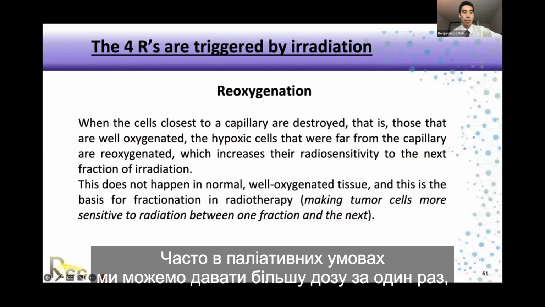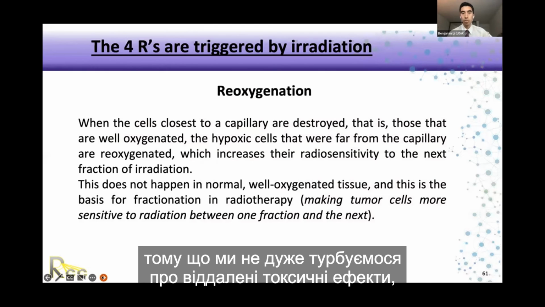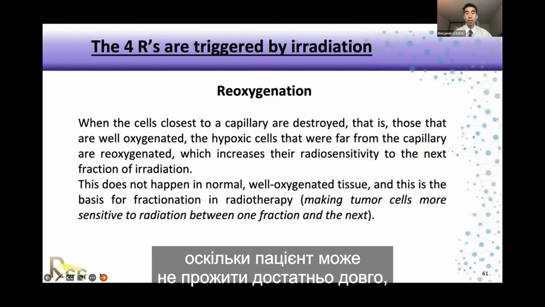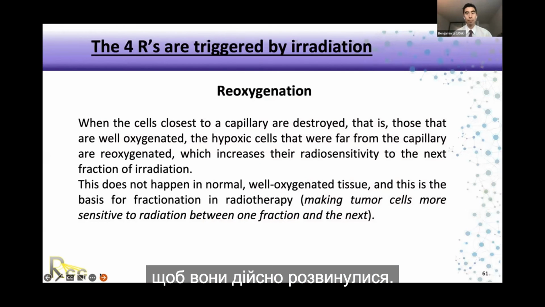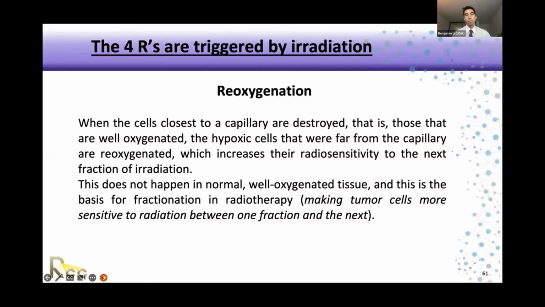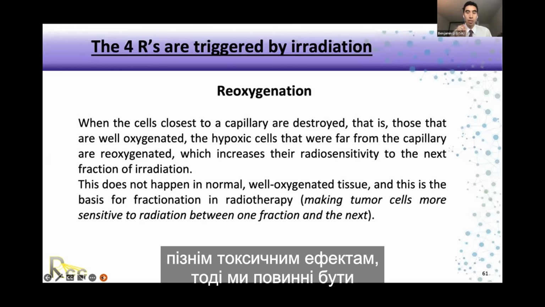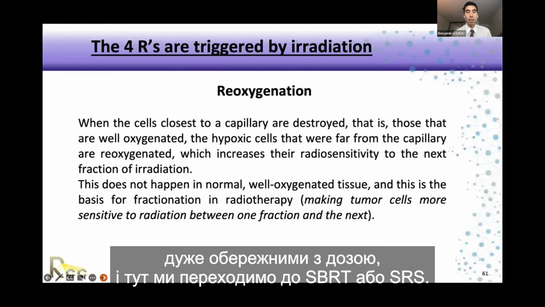Oftentimes we can give higher dose at a time in the palliative setting because we're not so worried about late-term toxicities, because the patient may not live long enough to actually develop those. But if we do want to give high dose at a time and we want to prevent late toxicities, then we need to be very conformal with the dose. And that's where we get into SBRT or SRS.